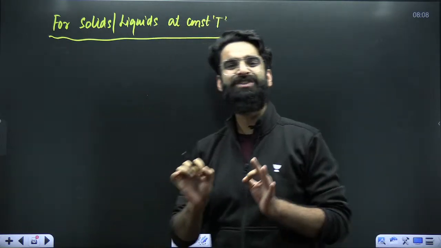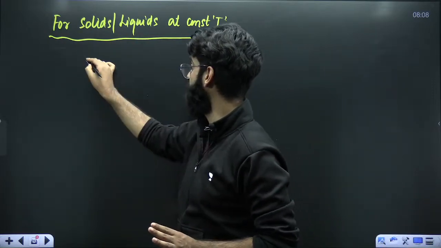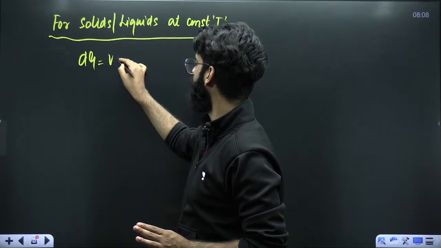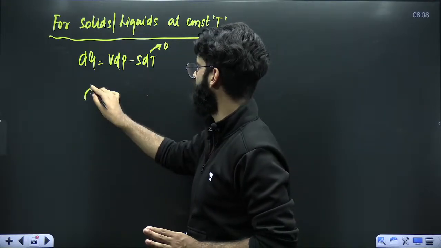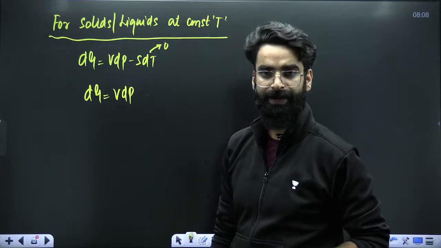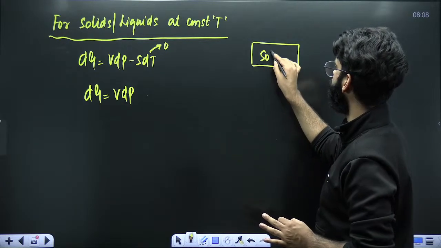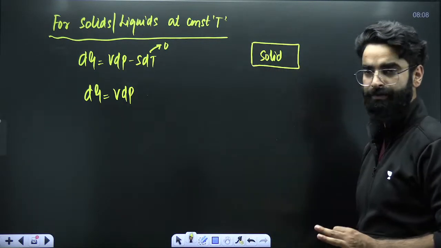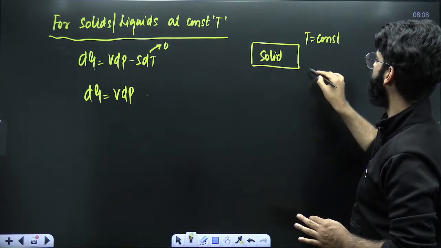If you change the pressure of solids or liquids kept at constant temperature, we know dG is equal to VdP minus SdT. If temperature is constant, this term is 0. So dG has to be equal to VdP, correct? Right? Now, guys, imagine that this is a solid or a liquid kept at constant temperature. Now you are changing its pressure.